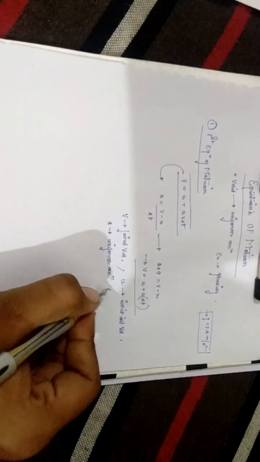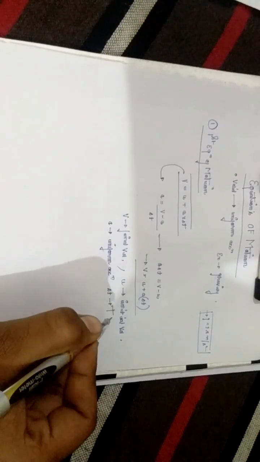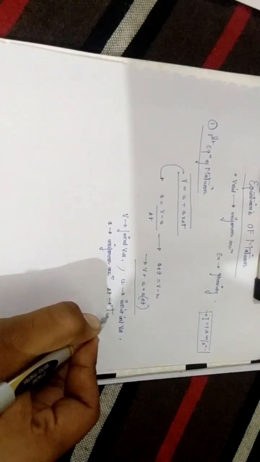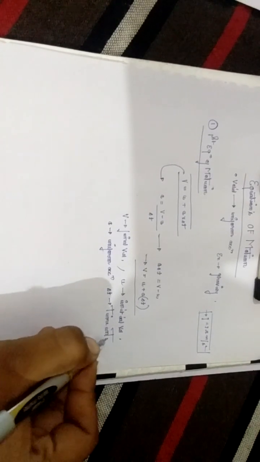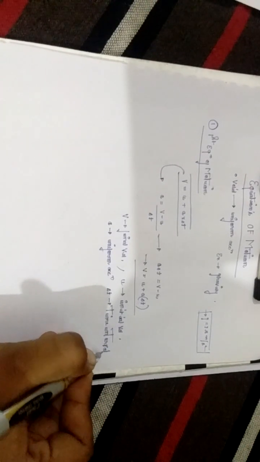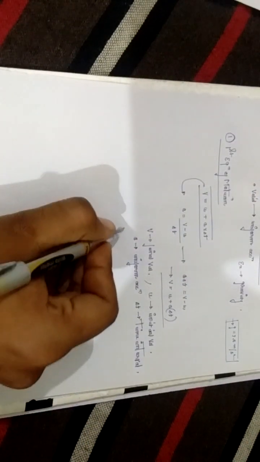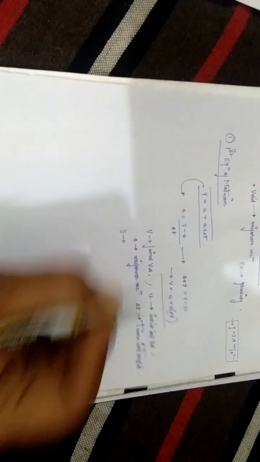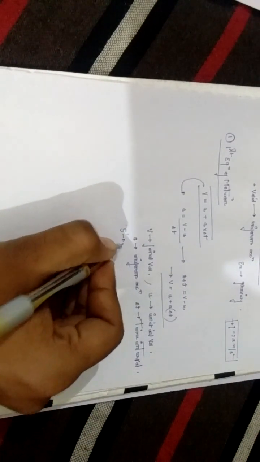And lastly delta t, which represents the time interval in which the body has moved. So friends, let me tell you one more parameter, that is the displacement. We generally represent the displacement by s.